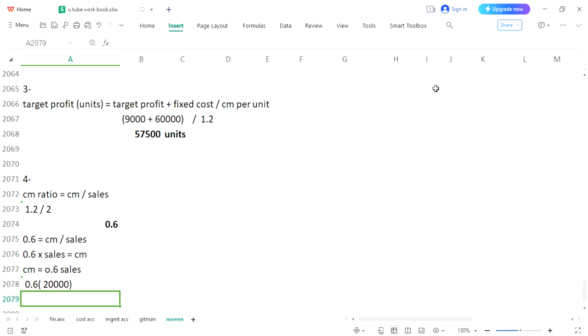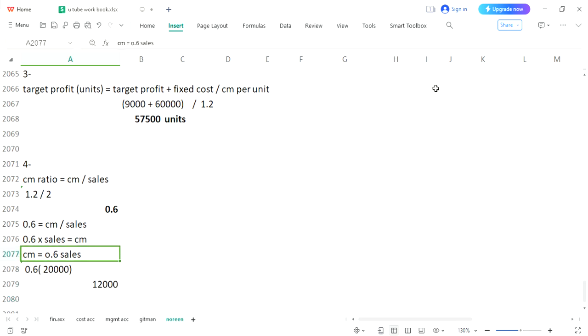Now we are putting it on the calculator: 0.6 multiplied by 20,000. So CM is equal to 0.6 of sales. 0.6 into sales we have multiplied, and we have got 12,000, which is your contribution margin.